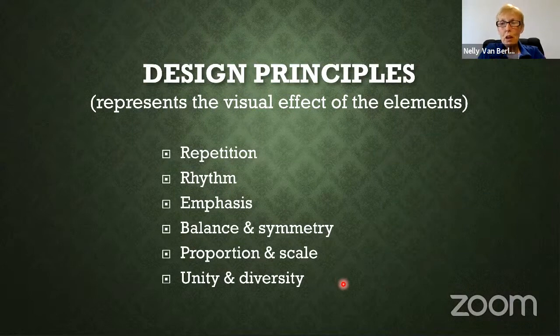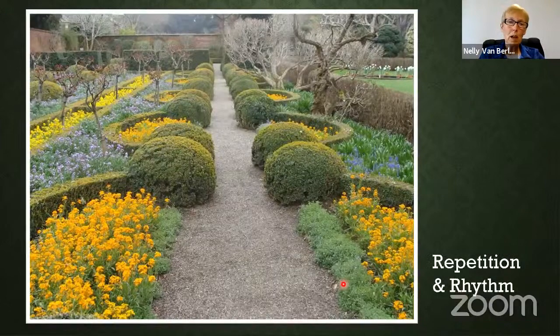So this picture, I mean, perfect example of repetition and rhythm. We've got repetition of the plant matter. I believe this is a wallflower used in each of these circular beds. Repetition of the purple flower behind, repetition of the shapes, the curving hedges, the clipped yew balls in the middle.